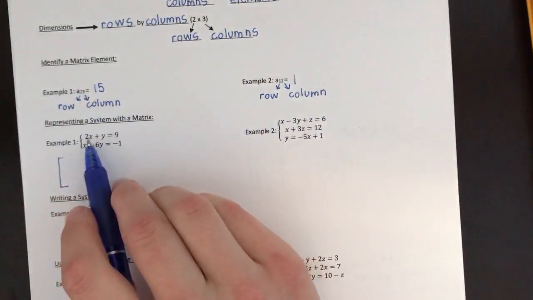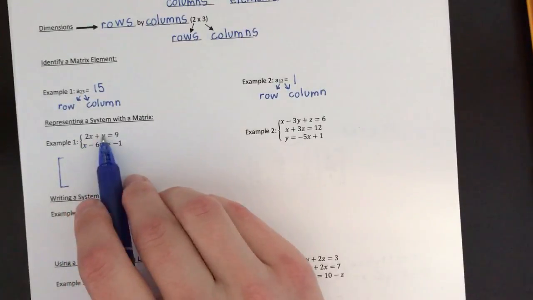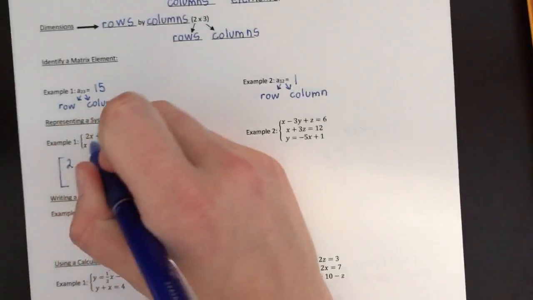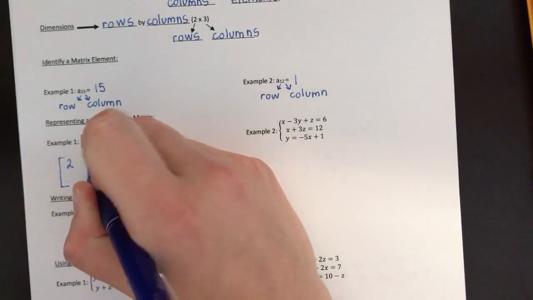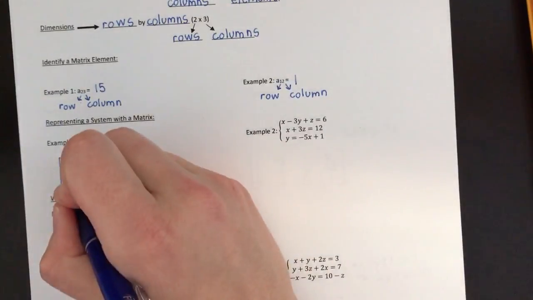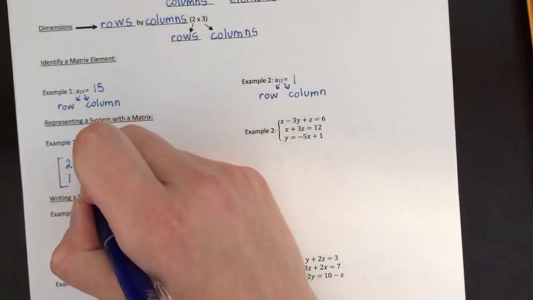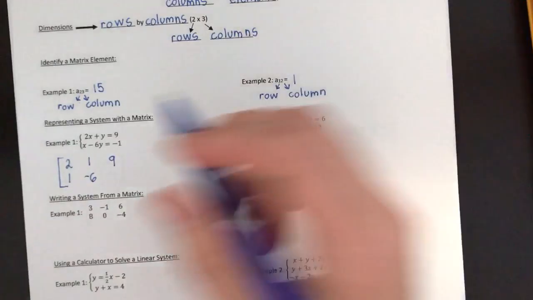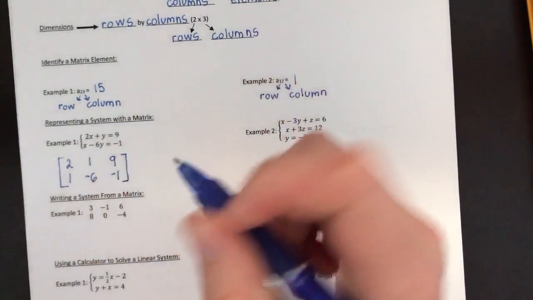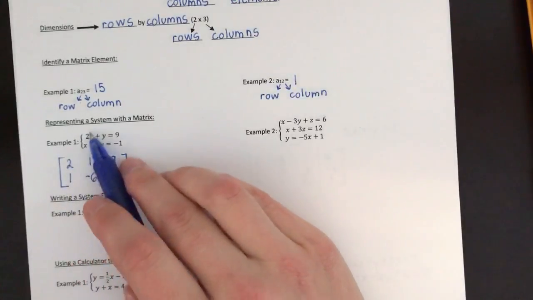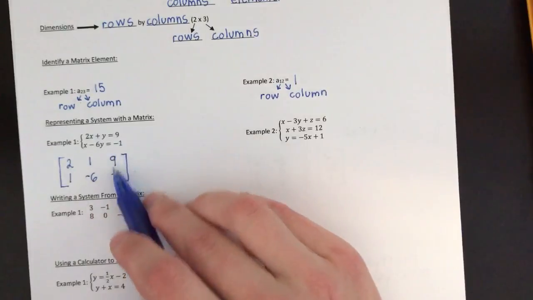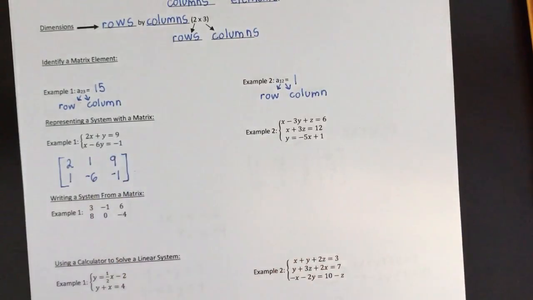How you do that is just take the coefficients and the constant and put them in the order that you see them. So 2, 1 is implied in front of y, and then 9. And then here 1 is implied in front of x, -6, make sure and bring that minus with you, and then equals -1. The elements in the first column represent the x, the elements in the second column represent the y, and the elements in the third column represent the constants.